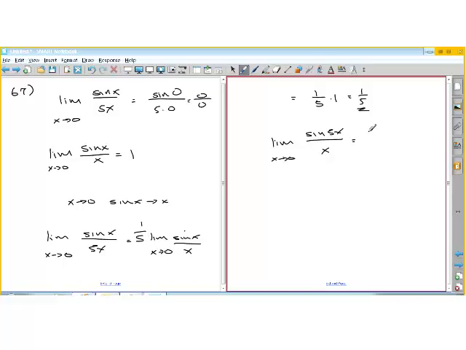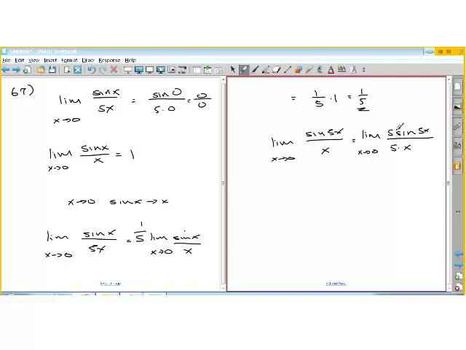What would happen there is if I multiply, so we just do that within this limit expression. So I'm going to multiply by 5, so I've got 5 times the sine of 5x, and I divide by 5 times x.